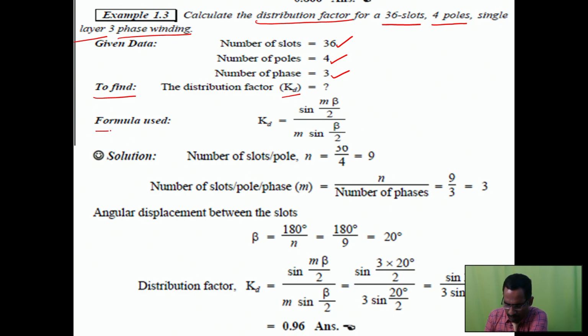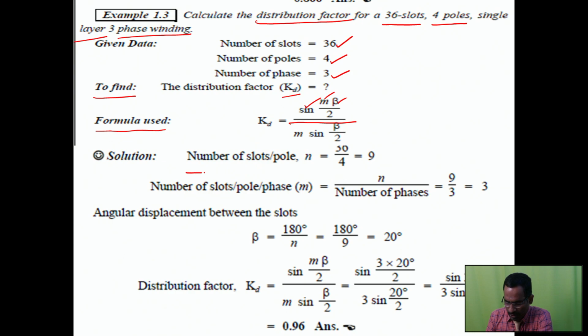So what is the formula required to solve this problem? K suffix D, distribution factor: K means factor, D is the distribution factor. Sine of m beta by 2, where m is slots per pole per phase, beta is the slot angle, divided by m into sine of beta by 2. First we will solve this from the pole pitch.